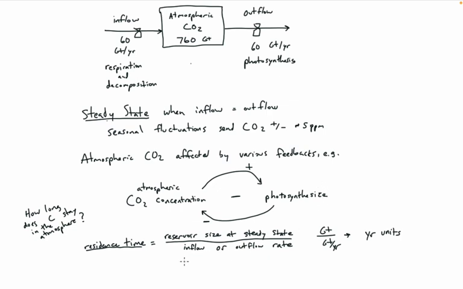All right, and so we could do that with the numbers we have above. So we have 760 gigatons divided by either inflow or outflow. They're the same, gigatons per year. And that gives us a value around 13 years.